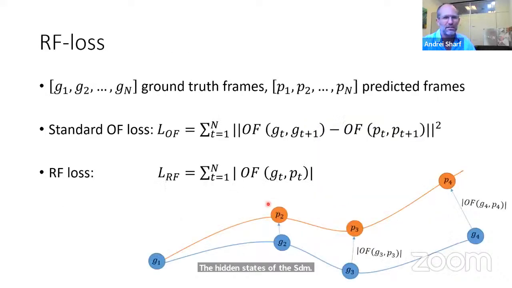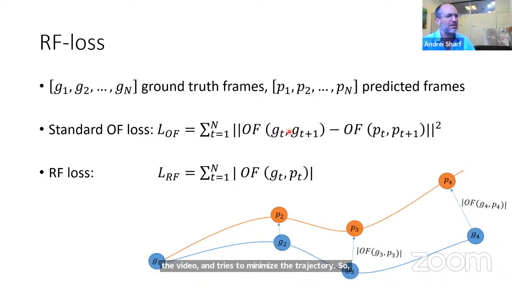The idea that helped us here was something that we used in order to measure the prediction of the next frame, and this is called the RF loss, or relative flow loss. A standard optical flow loss looks at the trajectory of some objects in the video and tries to minimize the difference.